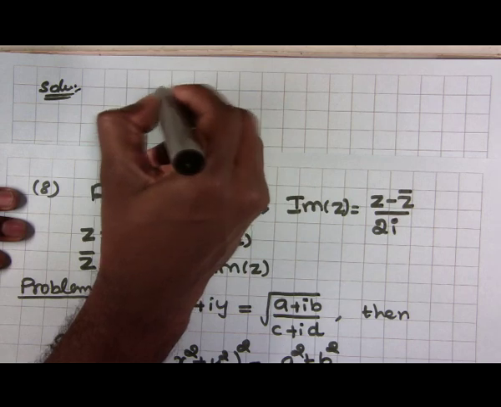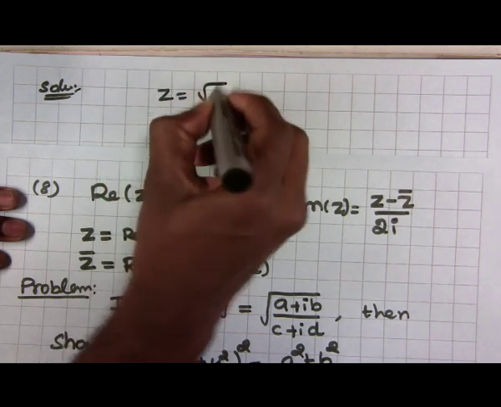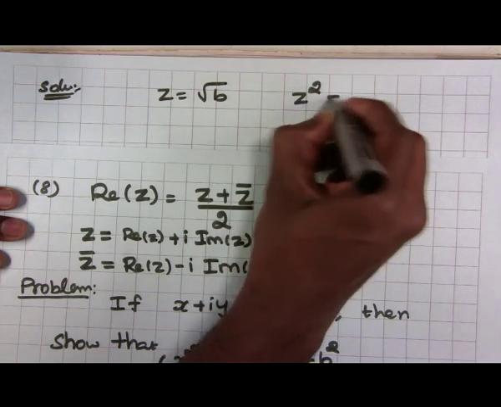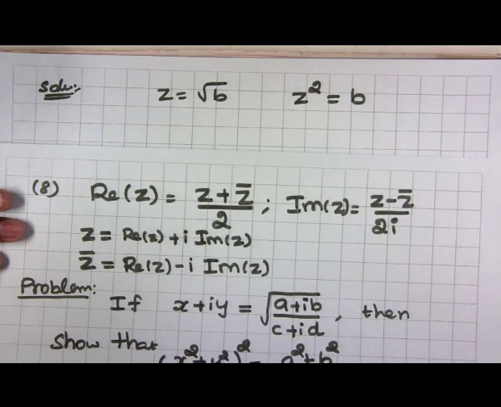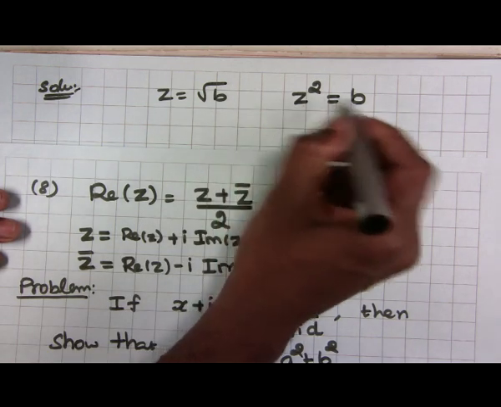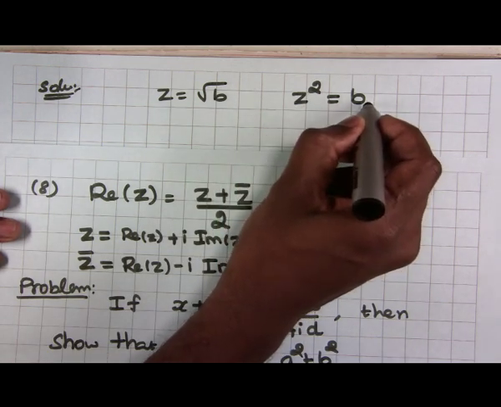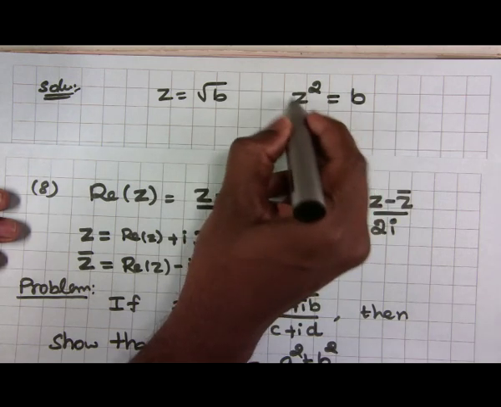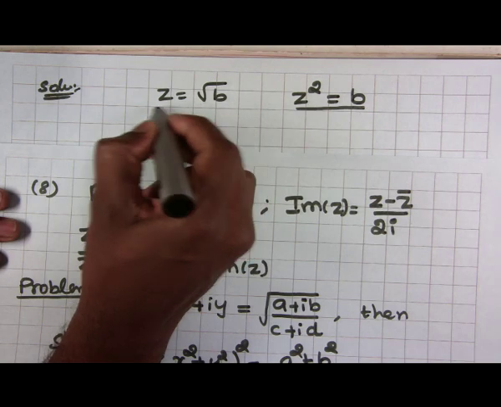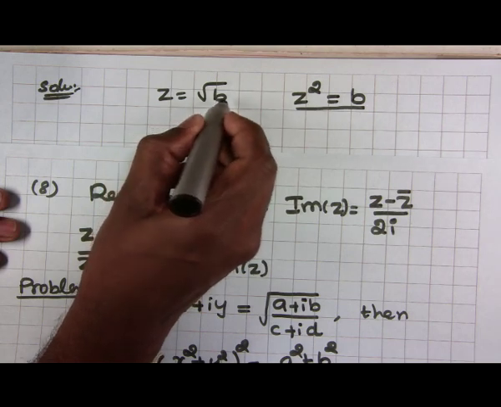I say that z is a square root of some b; by definition, z square is b. So, we know the meaning of z into z, and that should be equal to b. Whenever there is a z that satisfies this equation, then we write z equal to square root of b.